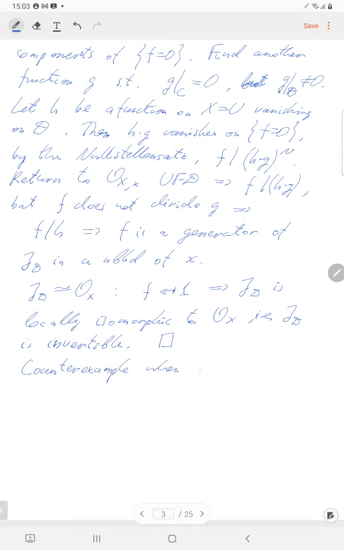When O of D is not invertible for a singular X without UFD property.